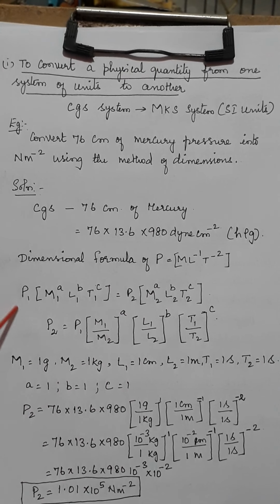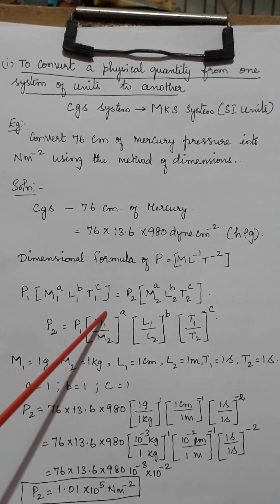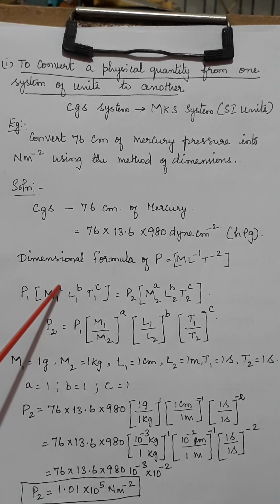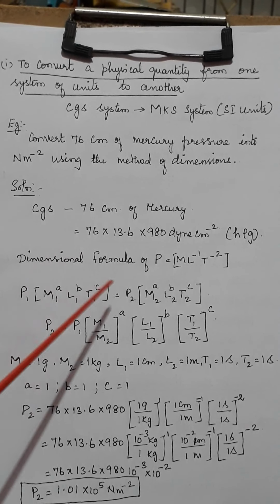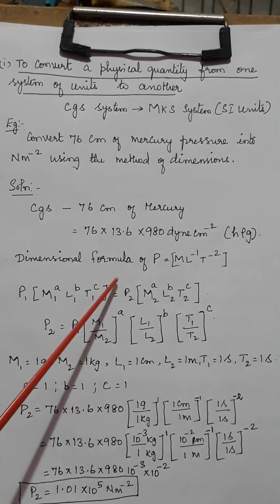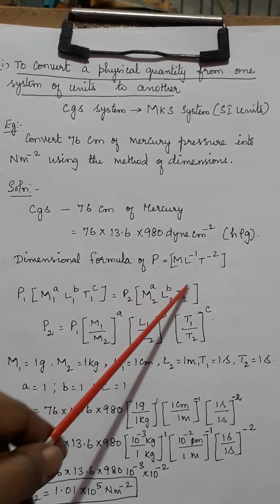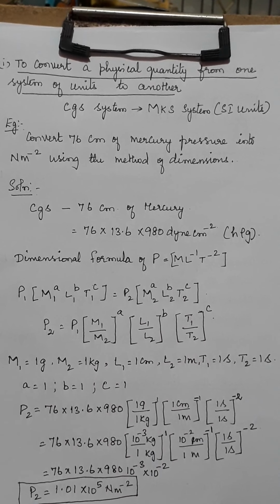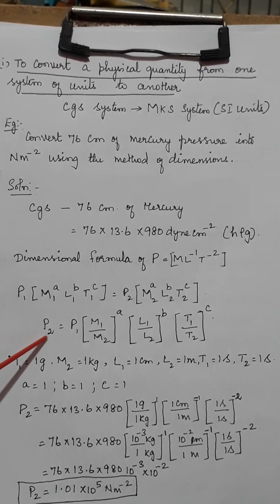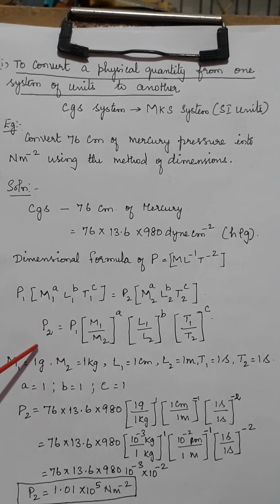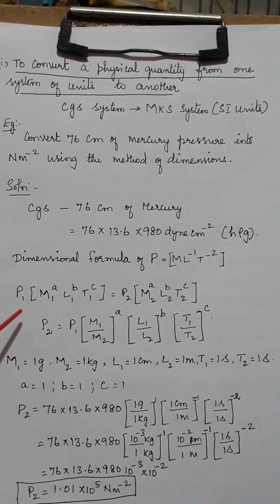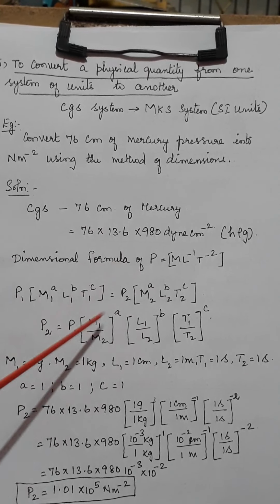So P1 into all the quantities of the first one, power A, B, C. This is the second system, so I write it P2, M2, L2, T2, power A, B, C. Now my ultimate aim is to find this P2 value. So I am going to keep this on the left hand side and move all the other things to the right hand side. That is simple.